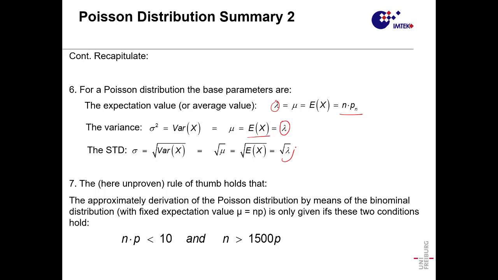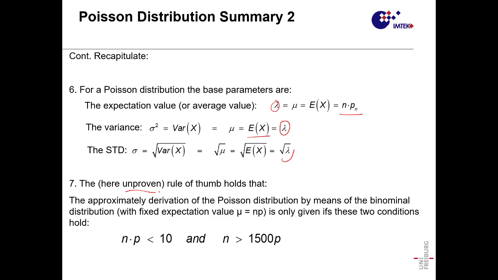So this is the rule of thumb, and it's not proven here, and I know that there is some problem, but it's again a rule of thumb. So n times p has to be less than 10, and n has to be larger than 1,500 p. Okay? So if you meet these two conditions, then you can switch from a binomial to a Poisson distribution.